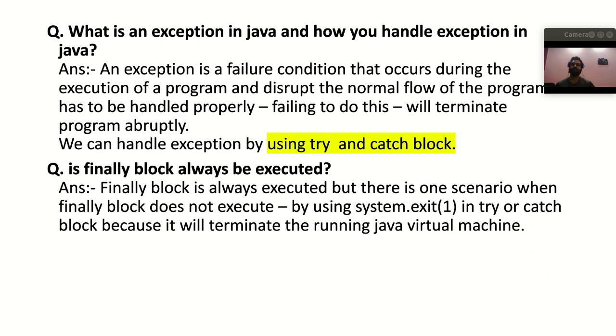So how can you handle this? You can handle this by using a try and catch block, right? So basically, an exception is a failure condition that occurs during the execution of a program and disrupts the normal flow of the program.